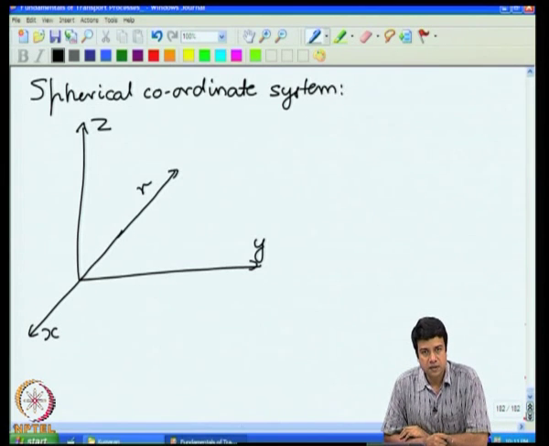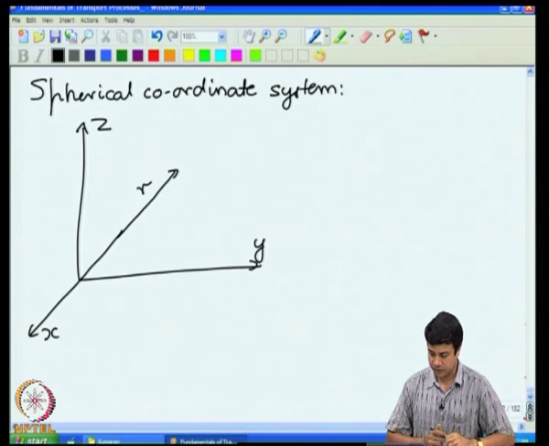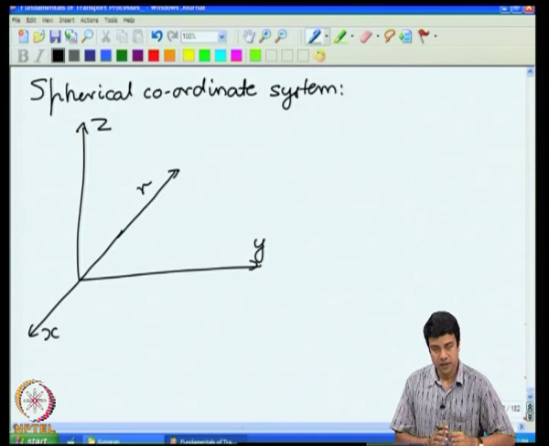So, r in this case is one of the coordinates, the distance from the origin, the center of the particle if you were working with a spherical catalyst particle. So, r is the vector from the origin to any particular point. The distance is denoted by the scalar r.